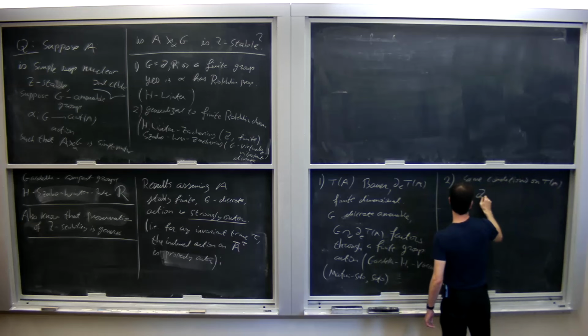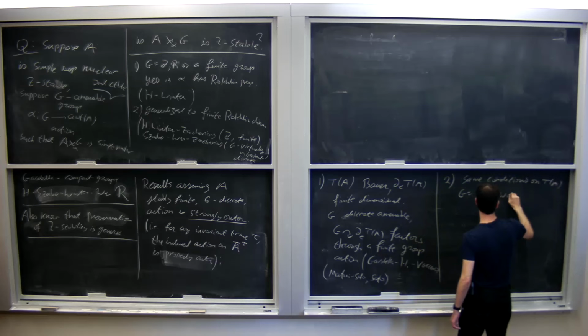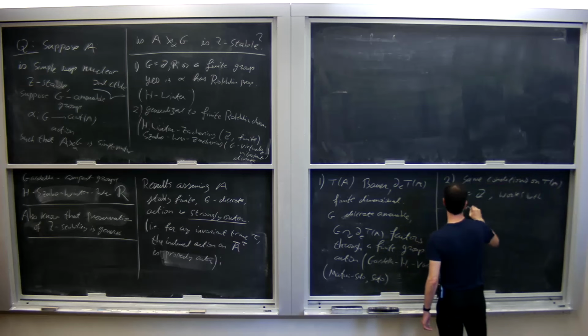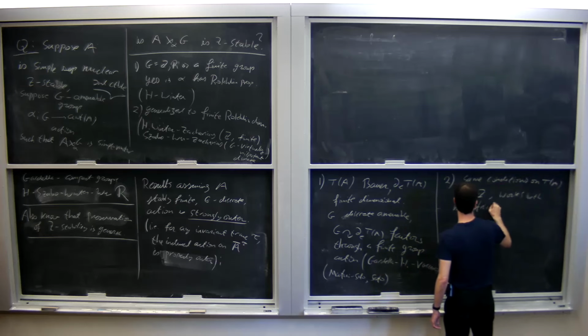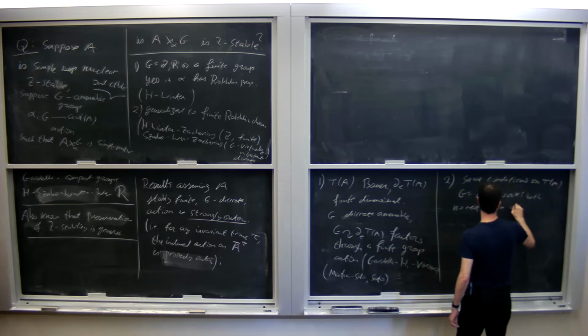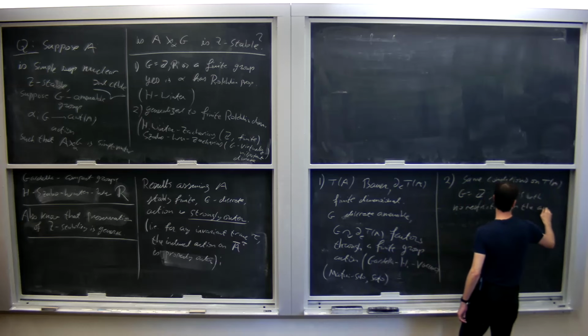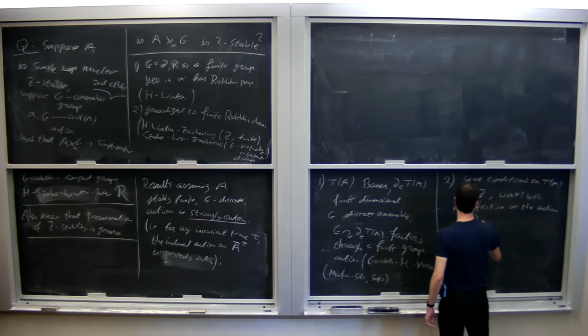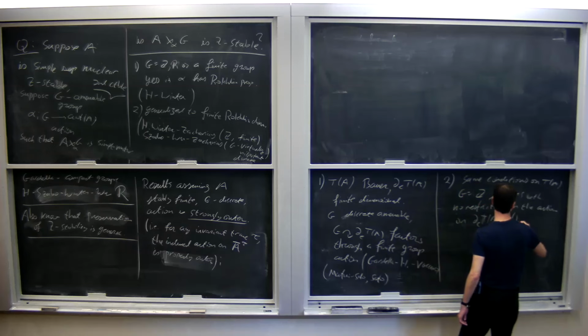Two: same conditions on trace space, and G is the integers, then it works with no restriction. This is due to Lisa Wouters.